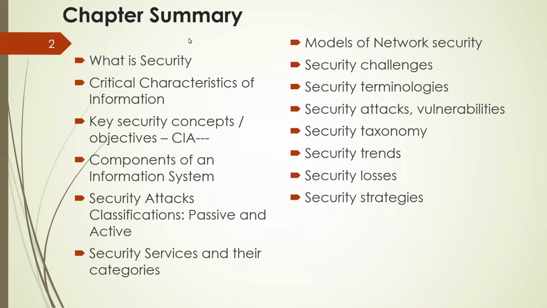This will then be followed by components of an information system, which we've covered and which you've done even before in other previous years. We also look at security attacks, key core ways of classifying them, the passive and active attacks, security services and their categories, a little bit of network security, the challenges, key core terminologies, vulnerabilities, which are exactly the same as the attacks and classifications.